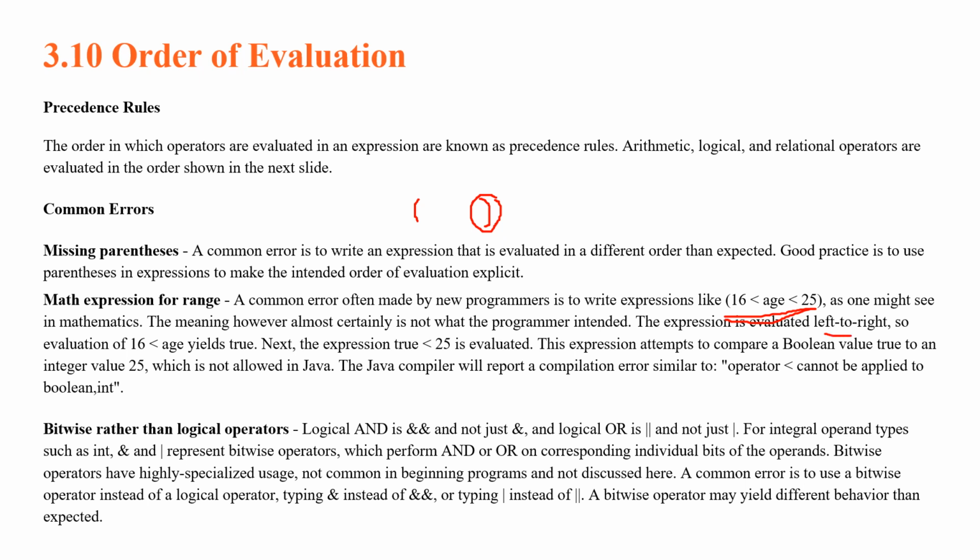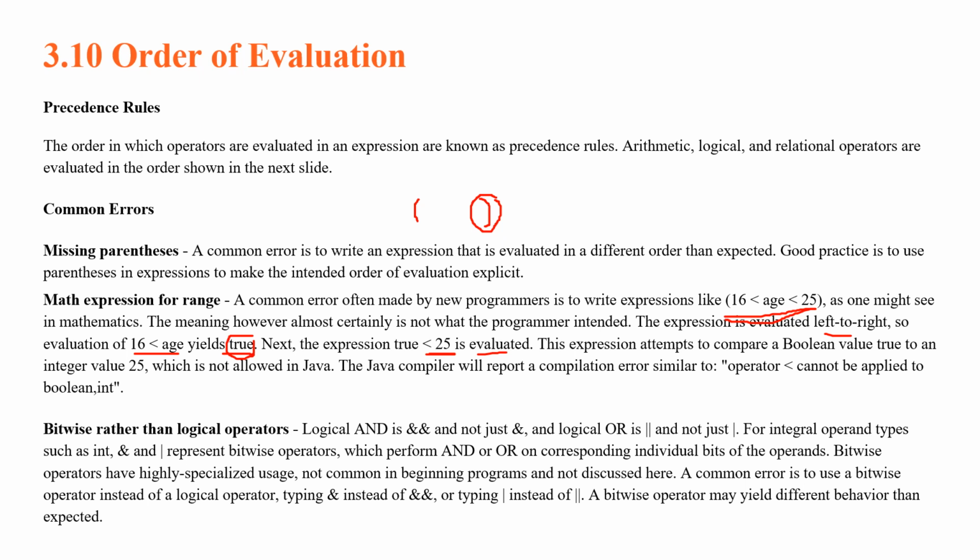First it evaluates 16 less than age, and if it is less, it returns true, and this true value is then compared with less than 25, and the whole expression is evaluated there. So the result is definitely going to change.